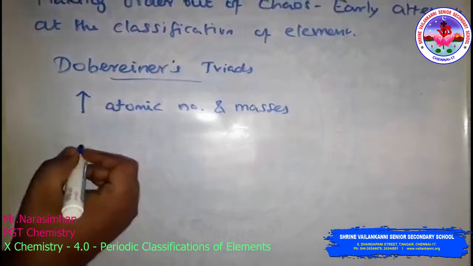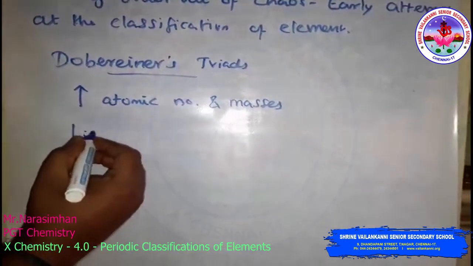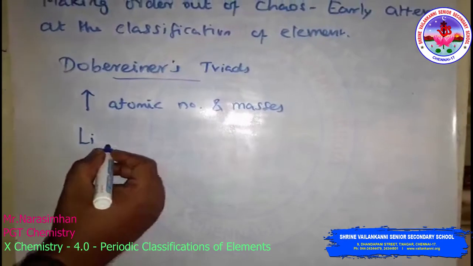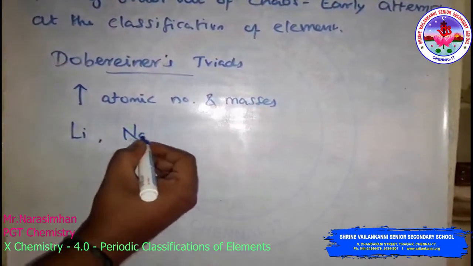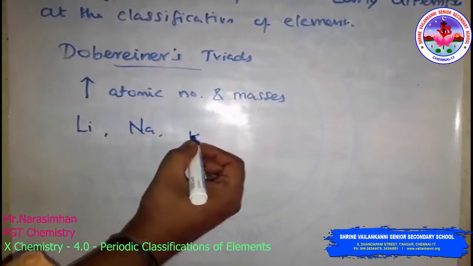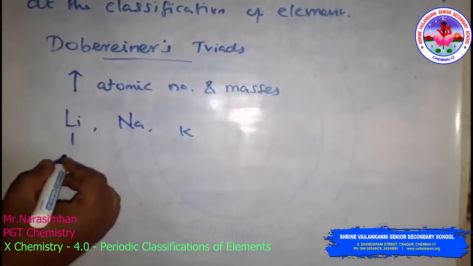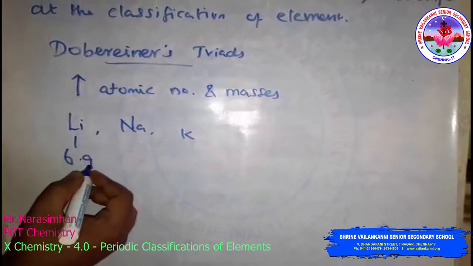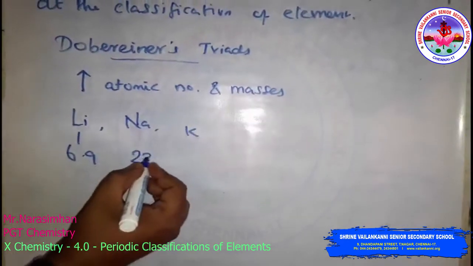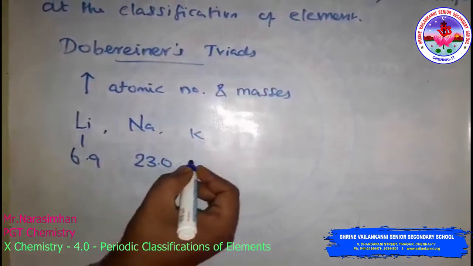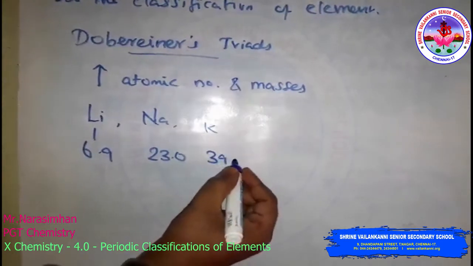For example, lithium (Li), sodium and potassium have masses of 6.9, 23.0 and 39.0 respectively.